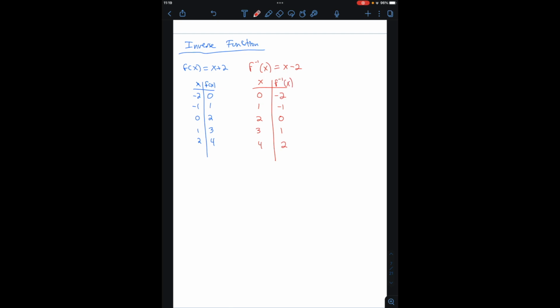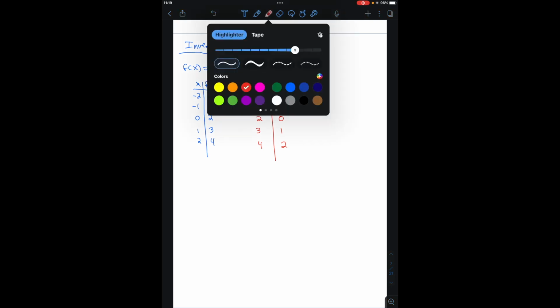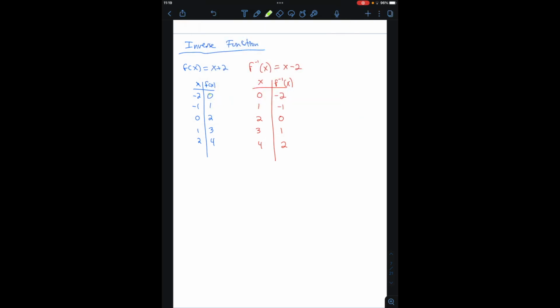And so the inverse function has the feature of taking the outputs of the original function and mapping them back to the inputs. So it tells you what we put in to get out this output.